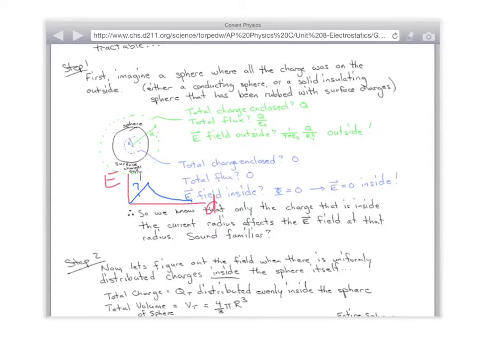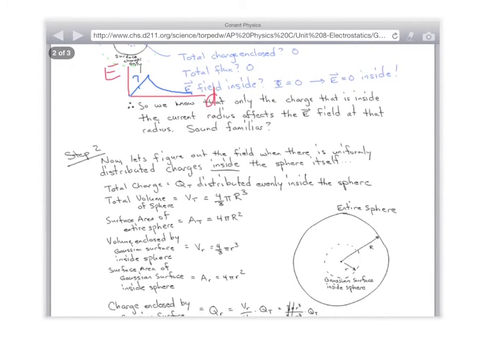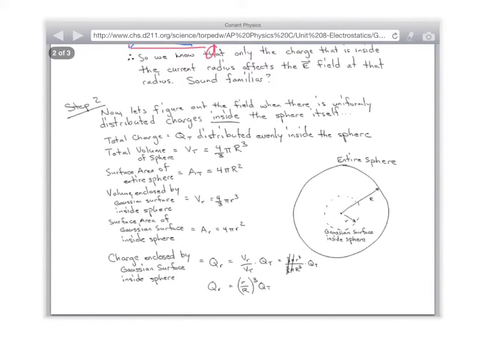Let's move on. Now, let's figure out the field when there is uniformly distributed charge inside the sphere itself. We first pick a radius for our Gaussian sphere.